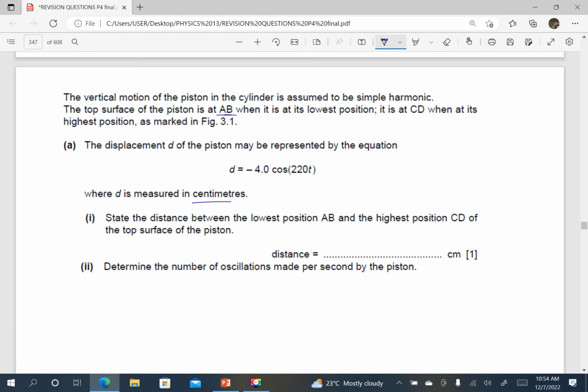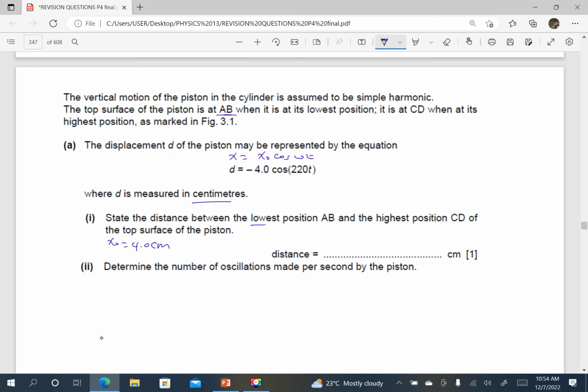So that is very easy. Just compare with x equals x naught cos omega t. At t equals 0, it is at -4, so the maximum amplitude is 4 centimeters. So x naught is 4 centimeters.